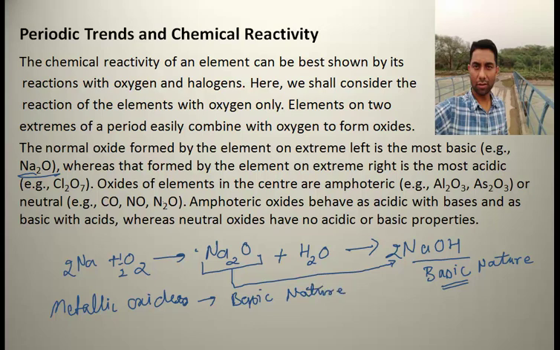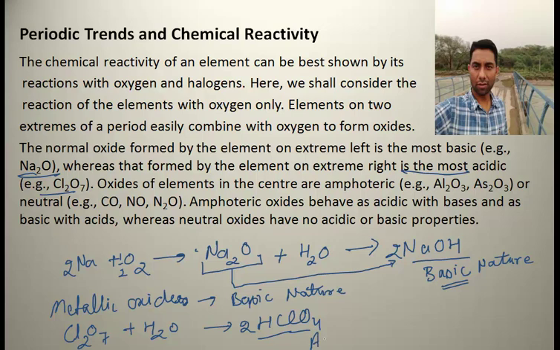In the same manner, the oxides formed by the extreme right are the most acidic in nature. For example, Cl2O7, when it is dissolved in water, what will happen? It will result in the formation of HClO4, perchloric acid, right? 2 moles of perchloric acid will be formed.